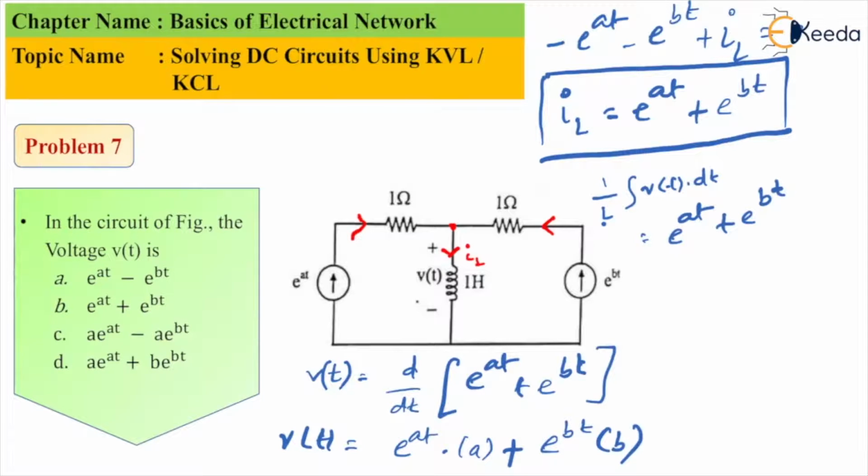So if you refer to these options, it is matching with option number D, which says a times e raised to at plus b times e raised to bt. So option number D is the correct option, which they were asking, the voltage V of t across the inductor.